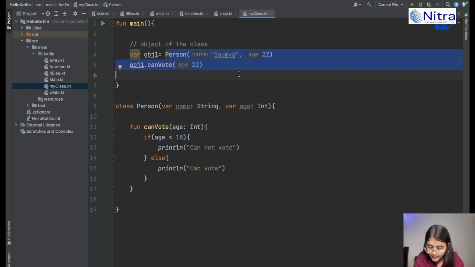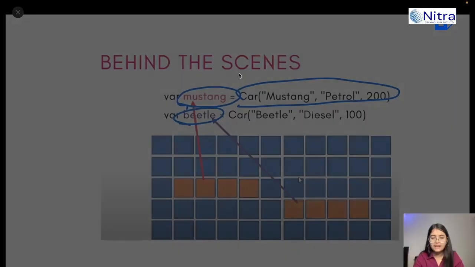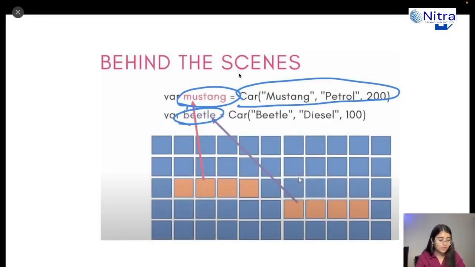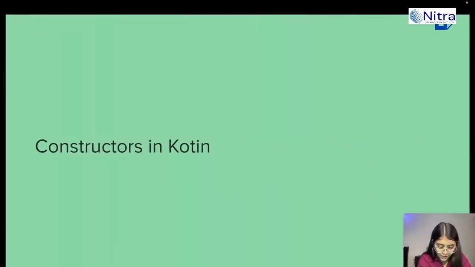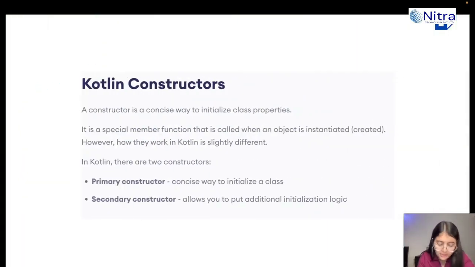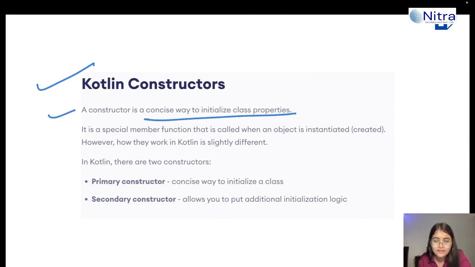And now let's get back to the iPad, and I'll teach you some more important concepts around OOPs, around classes and objects. So now let's talk about constructors in Kotlin, yet another very significant concept, right? So Kotlin constructors. A constructor is a concise way to initialize class properties.